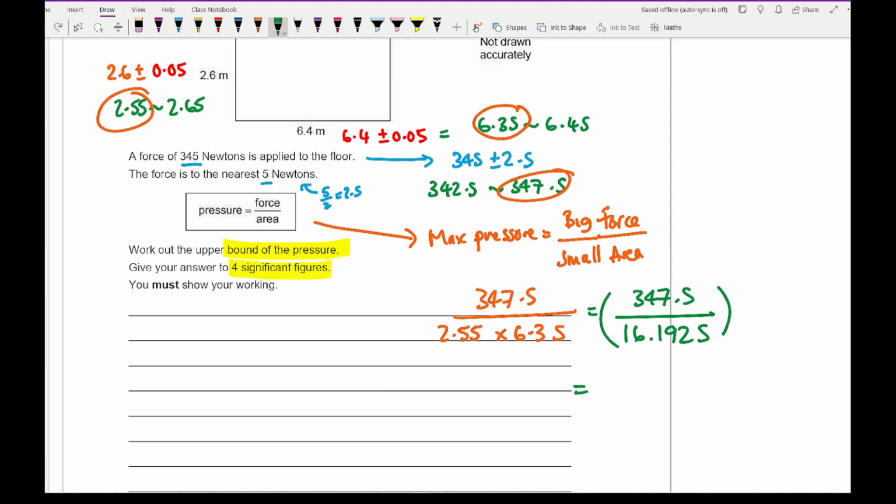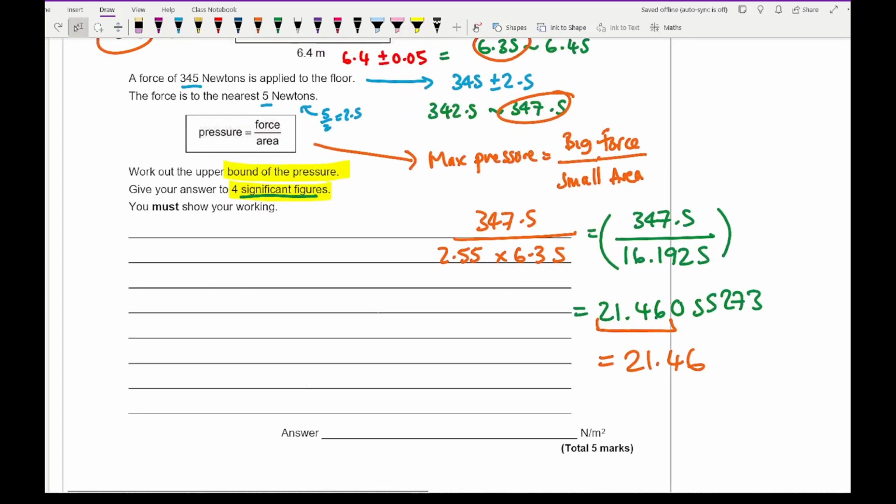I end up with an answer of 21.46055273. Remembering I need to give my answer to 4 significant figures, that's going to be 21.46, and the units are given to me in the question, so it's going to be newtons per meter squared, and there is my final answer.